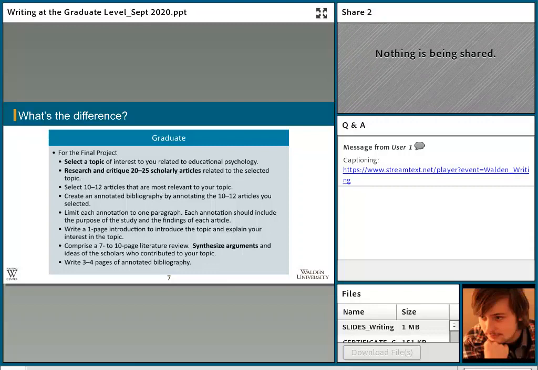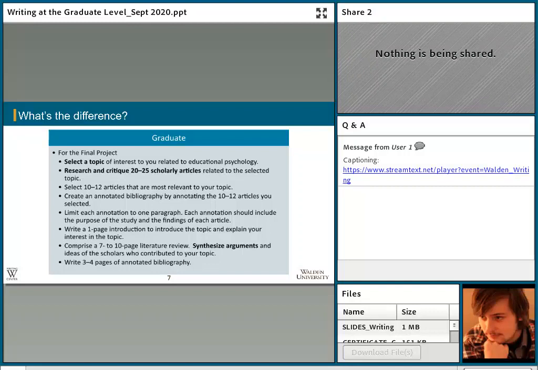So we kind of go on here. And towards the end, the important part that I think is the meat of the assignment prompt, right? Compose a 7 to 10 page literature review, synthesize arguments and ideas of the scholars who contribute to that topic. Write a 3 to 4 page annotated bibliography. So again, we're taking the views of other scholars and bringing them together, putting them in conversation with one another.